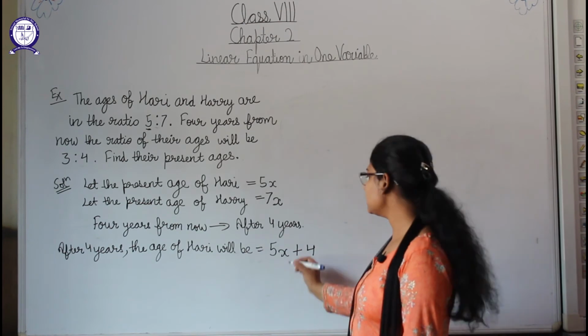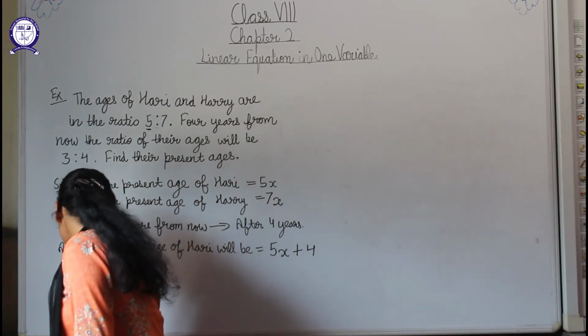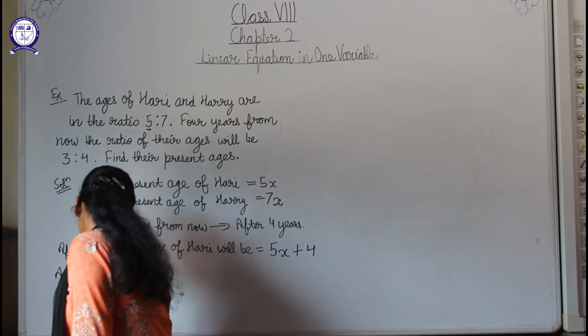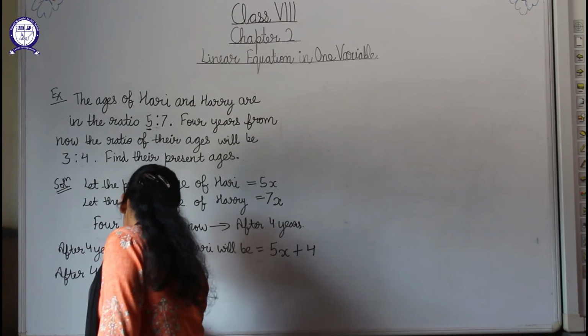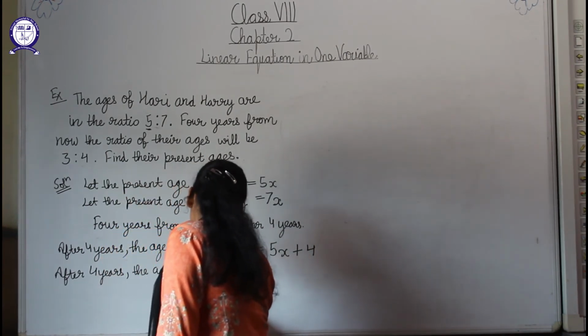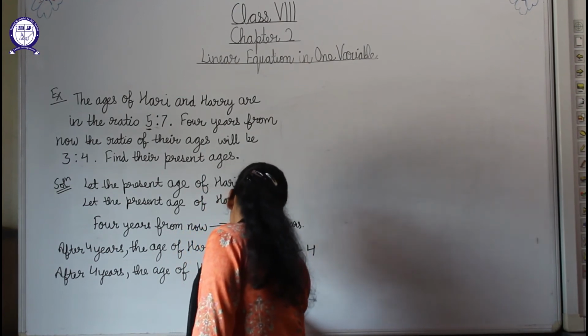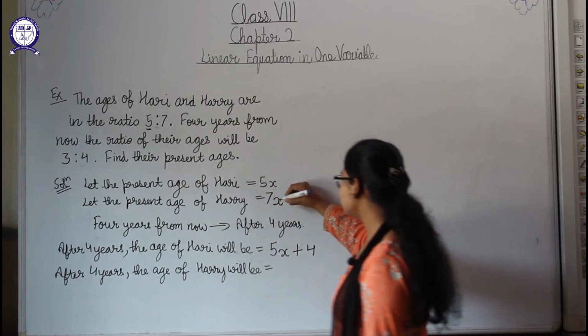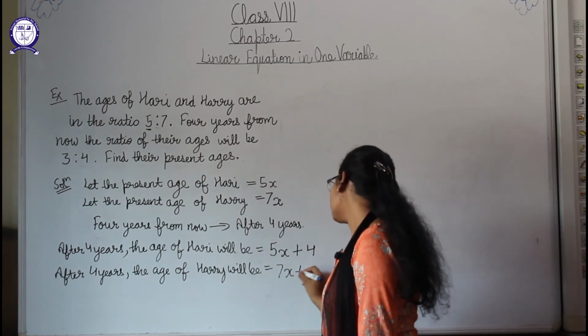And about Harry, after 4 years, as the present age is 7x, it will be 7x plus 4.